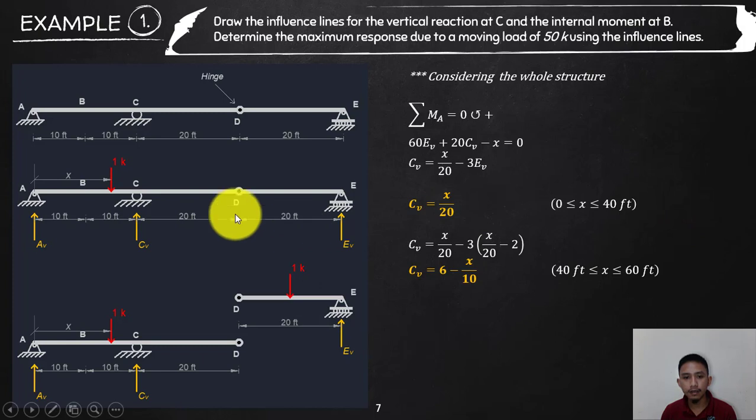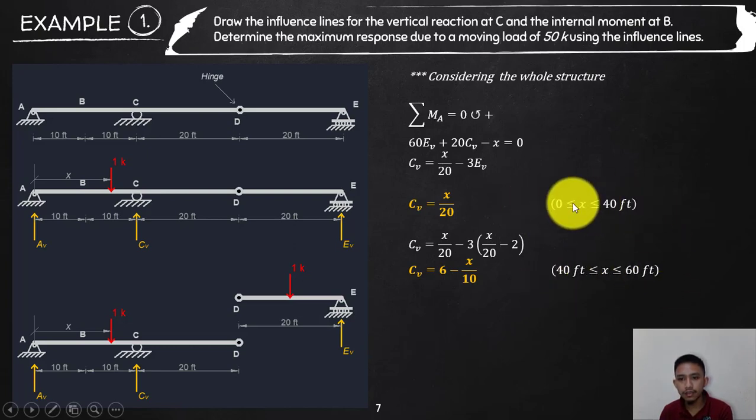Since we are considering a point D, a single point, let's say 40, that equation here is representing just before, very close to the point D. That is approximately 40, but it's supposed to be 39.99999. And this value here is just after, so that is 40.00001, to differentiate these two.